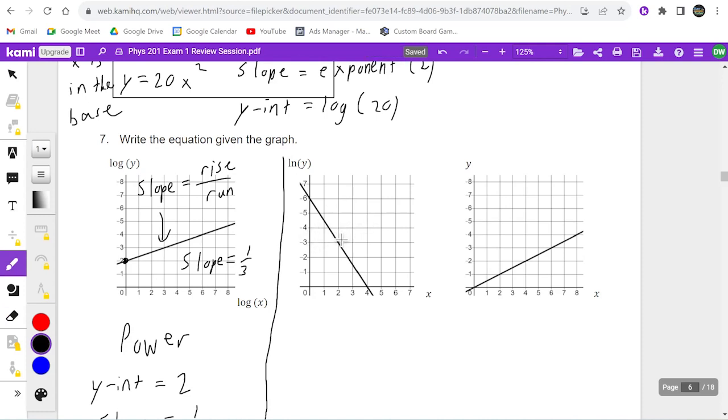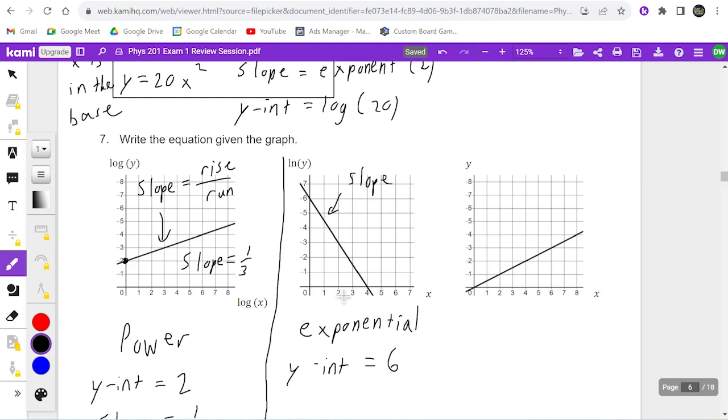again, I want to know first, is this exponential, power, or linear? It's exponential because only the y-axis got the log. How about what's the y-intercept? It's 6. Yep, thank you. And what's the slope? Count it out.